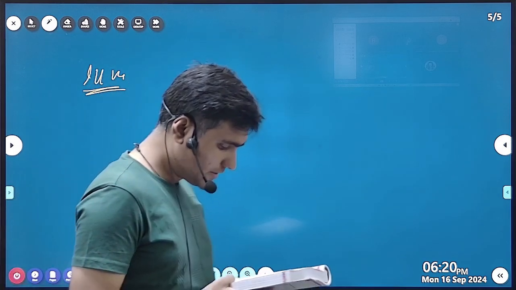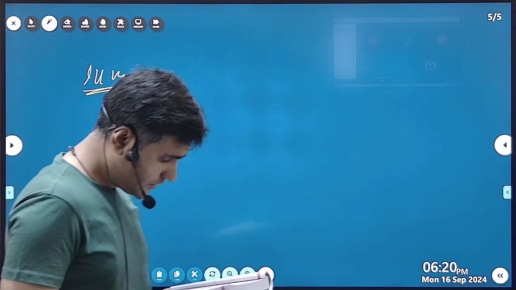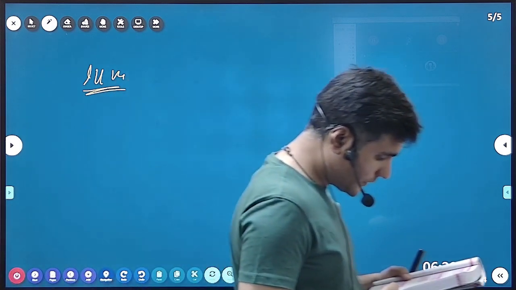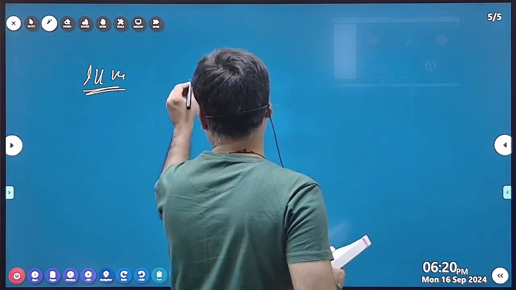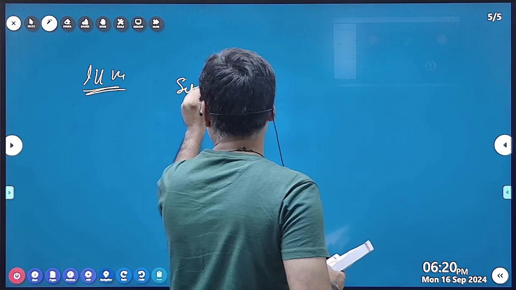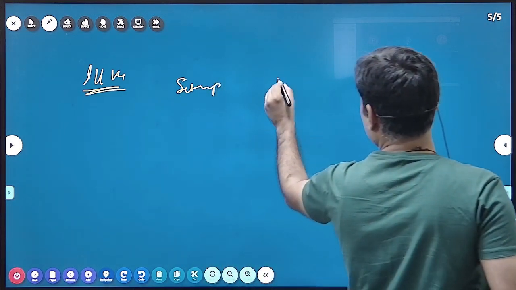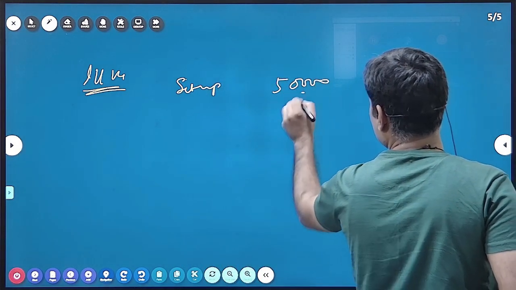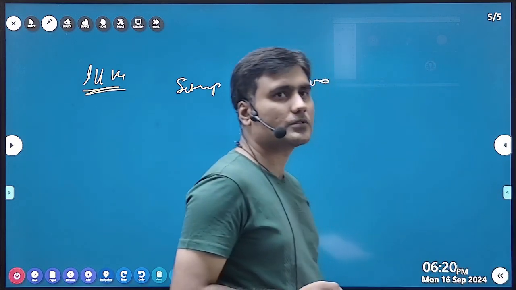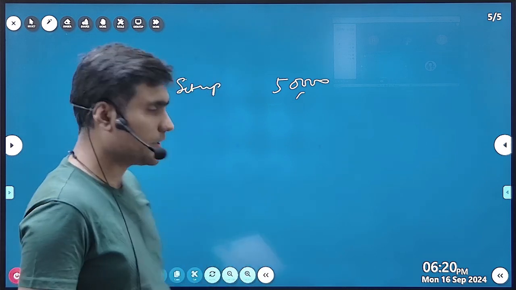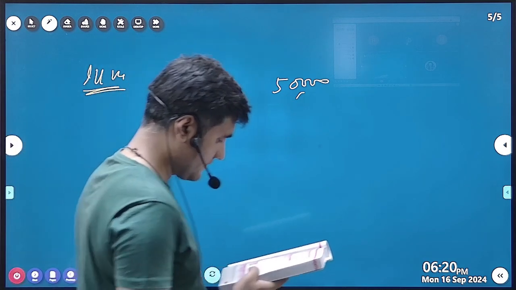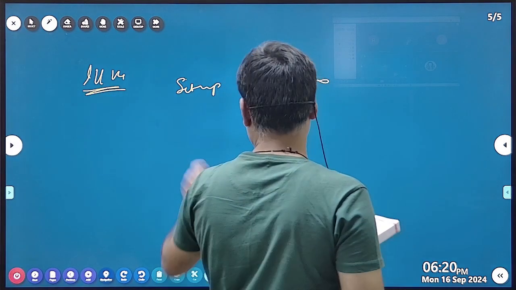Total overheads is 1 lakh rupees. Cost related to setup 50% and cost related to inspection 50%. So setup how much? 50% means 50,000. Those online, are you getting what I am trying to say?